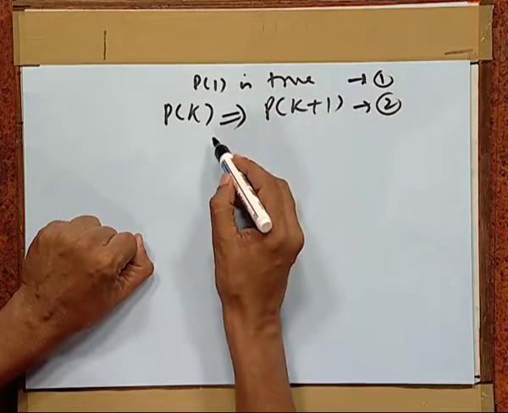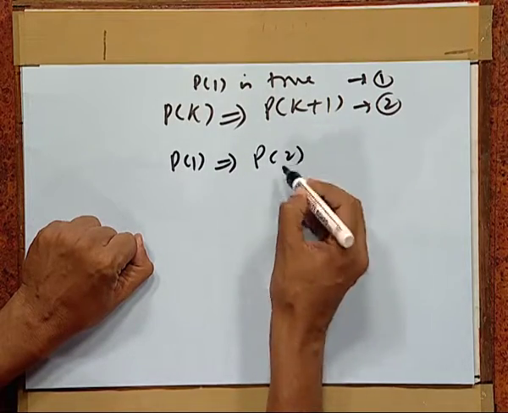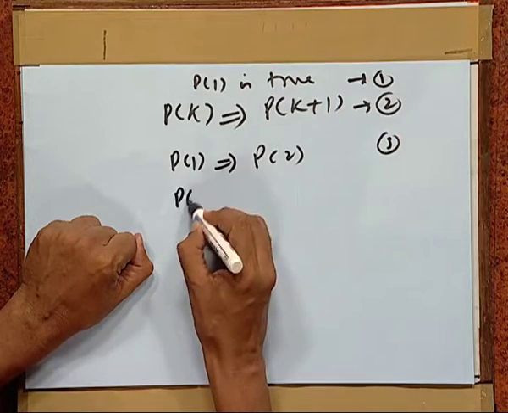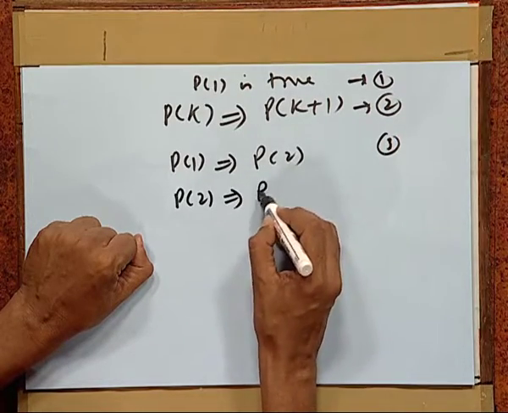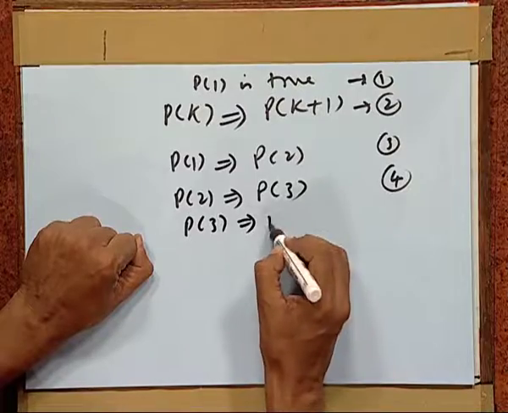When we apply the first to the second, we get P1 implies P2. This gives the third. When we apply the third to the second again, we get P2 implies P3. We get the fourth. When we apply the fourth to the second again, we get P3 implies P4.